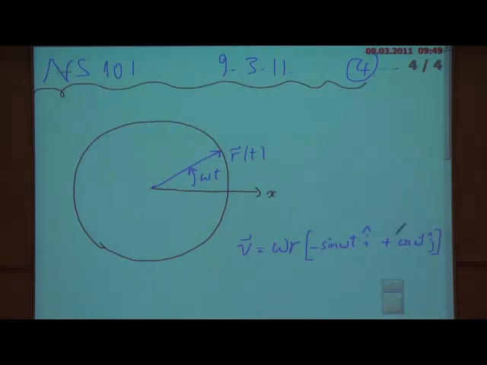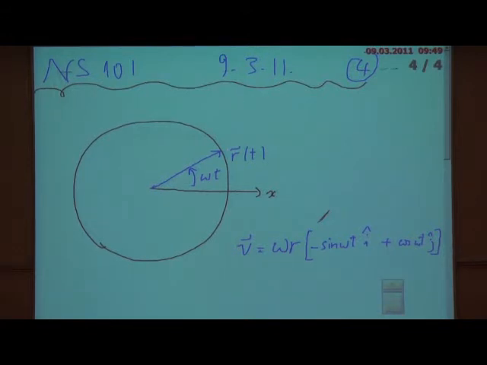First you see here that when omega t is like this, sine omega t is positive, so minus sine omega t is negative. So the i component, the x component, is to the left, and the y component is positive, upwards.